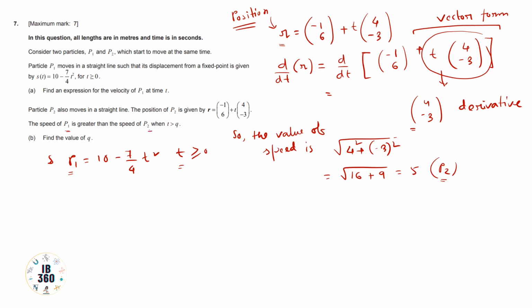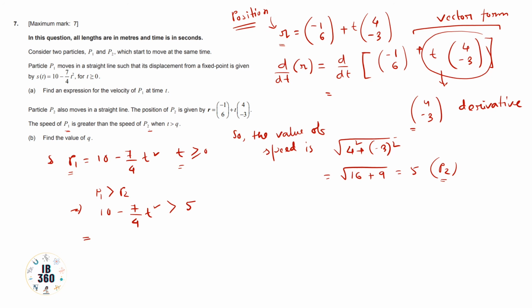This is the condition. So if P1 is greater than P2, then this term 10 minus 7 by 4 t square must be greater than 5. 10 minus 7 by 4 t square greater than or equal to 5.